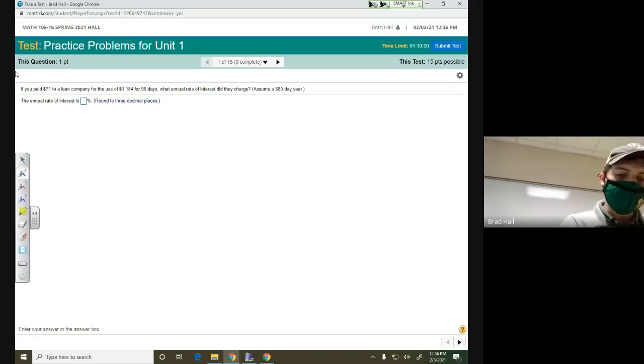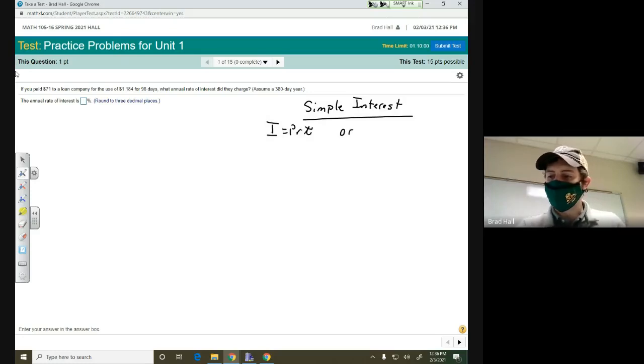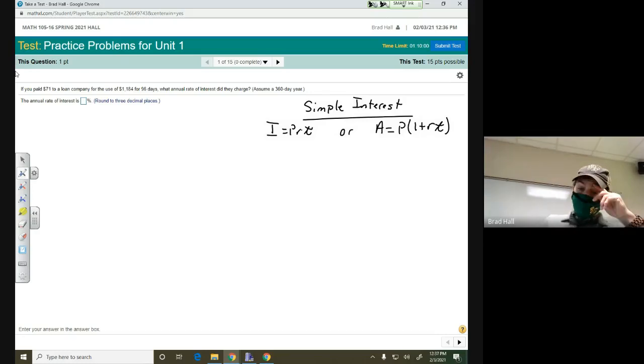So when you break it down to simple interest, then there's one of 2 formulas that could be at play here. I is equal to PRT, or A is equal to P(1 + RT). And so it's really up to you to decide which one of these 2 formulas we use.